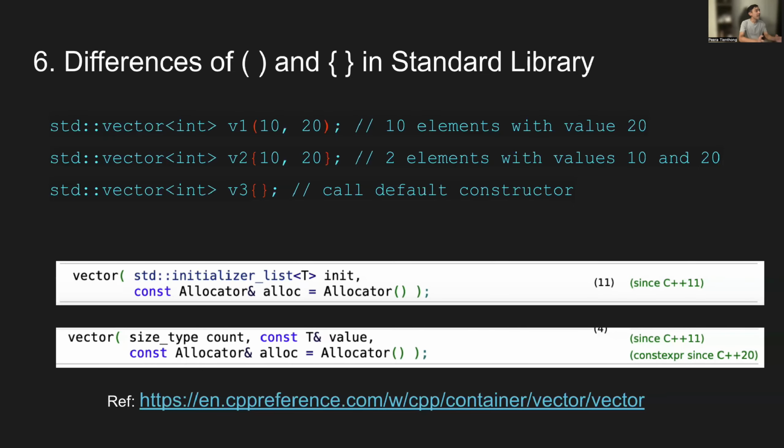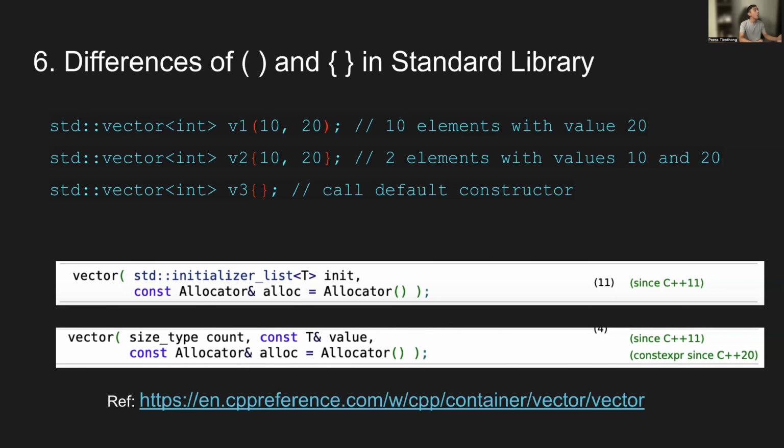Point number 6, the last one, focuses on differences of parentheses and braces in the standard library. I added this section because I want you to be aware of the documentation out there on the website. In the standard library, you're going to use this a lot.